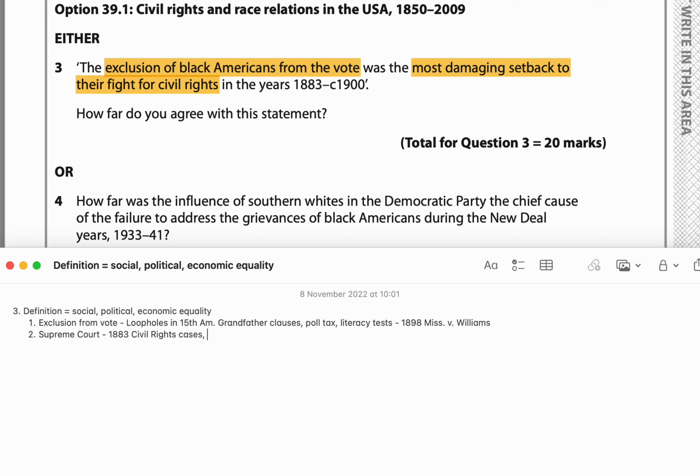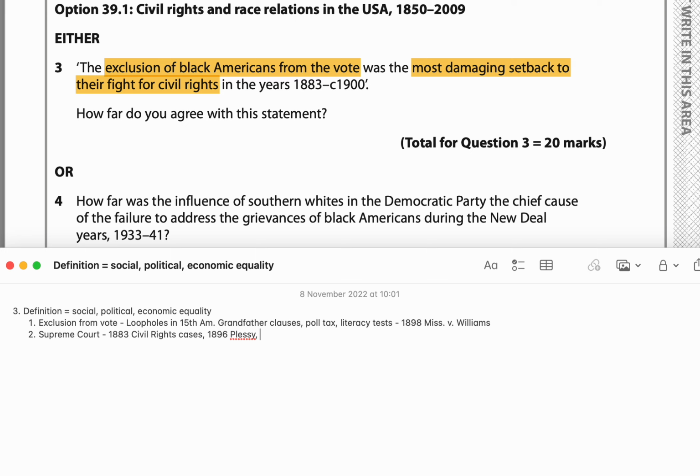You could also talk about the 1896 Plessy decision, which upholds Jim Crow, basically separate but equal, so segregation. And you could say that is arguably the most damaging decision of all.